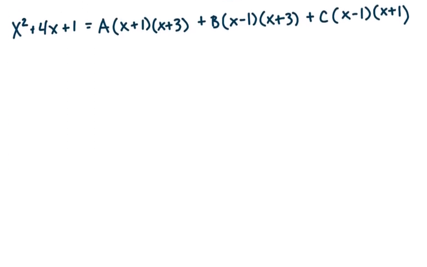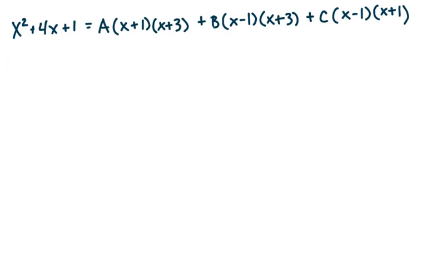And at this point, we're going to FOIL each of these, because we see we have a squared term, a linear term, and a constant term. And we need to have an a associated with the squared, linear, and constant, a b associated with the squared, linear, and constant, as well as a c associated with the squared or quadratic, linear, and then constant.